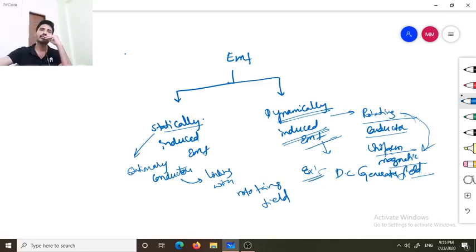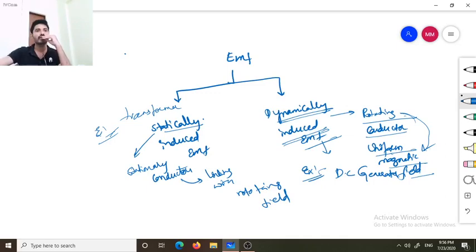Statically induced EMF occurs, for example, in a transformer. In a transformer there are no rotating parts, so the conductors are also not rotating. You have stationary conductors.